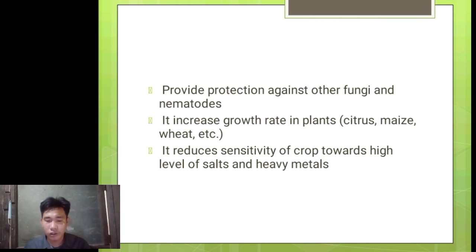It increases growth rate in plants such as citrus, maize, wheat, etc. It reduces sensitivity of crops toward high levels of salts and heavy metals.